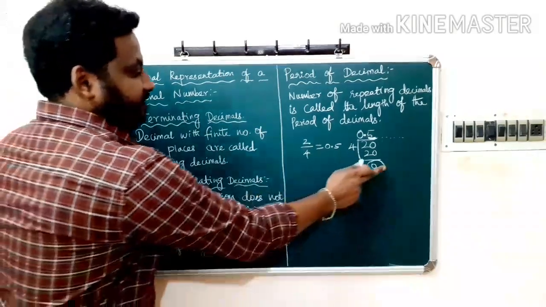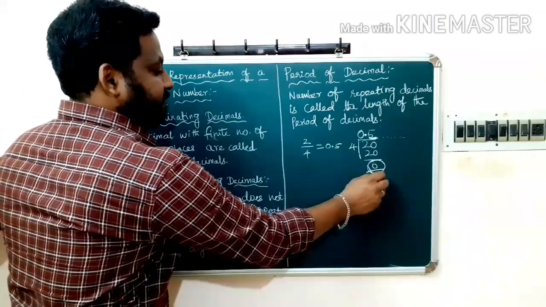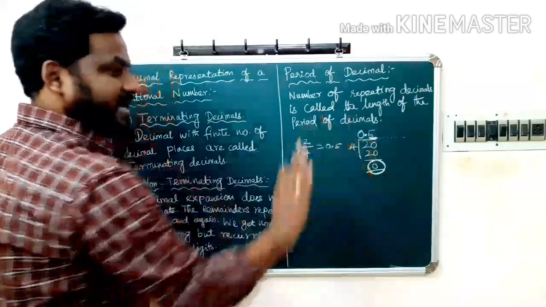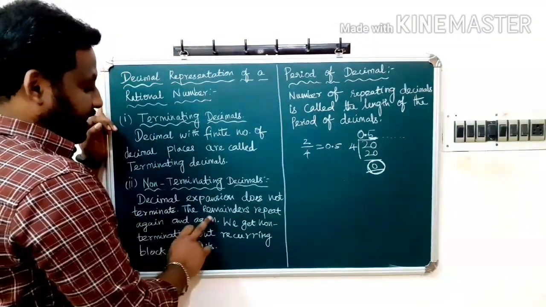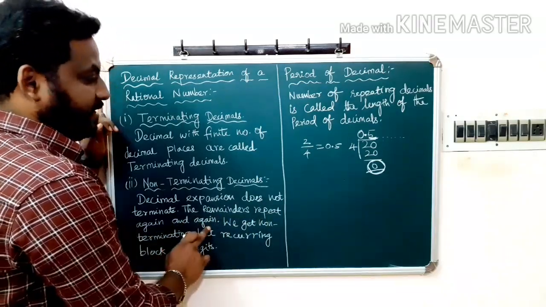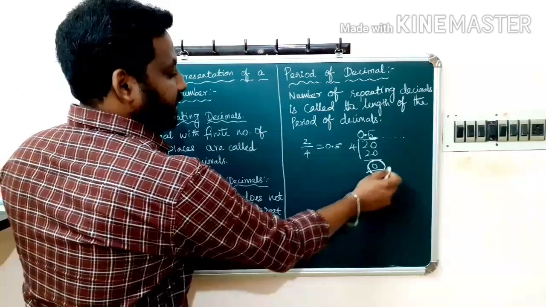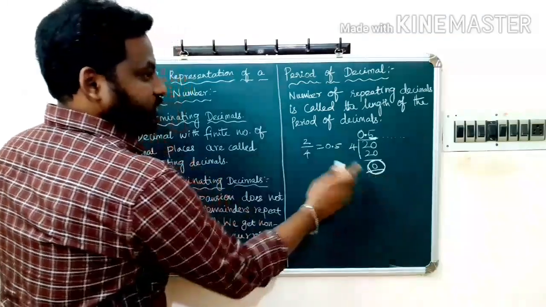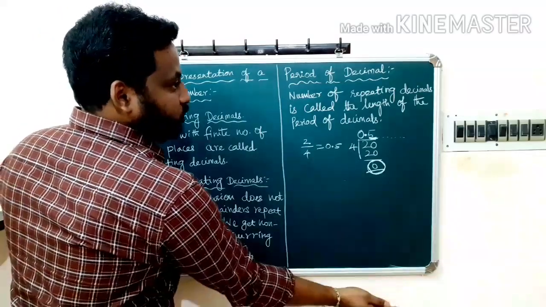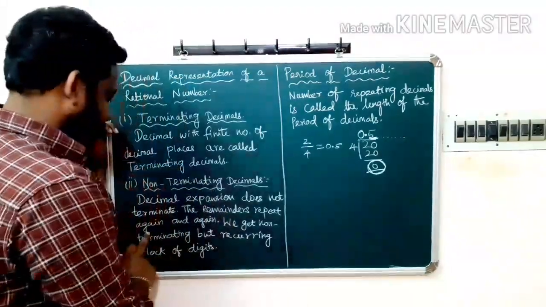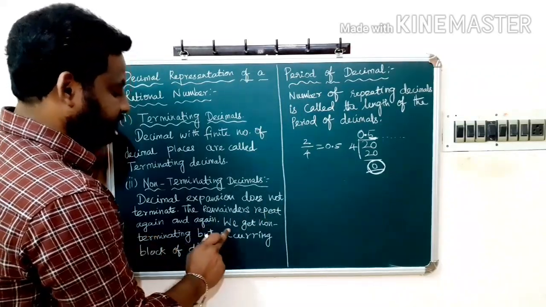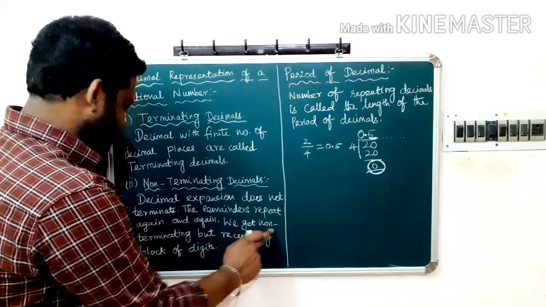For a terminating decimal, the remainder must be equal to 0 at some place. But in non-terminating decimals, the remainders repeat again and again, which means the remainder is not equal to 0. 0 never comes, and the digits go up to infinity.